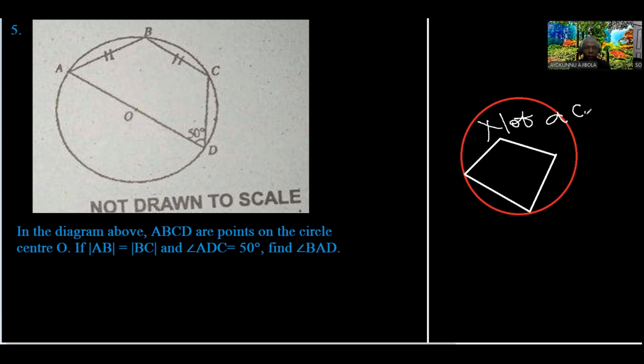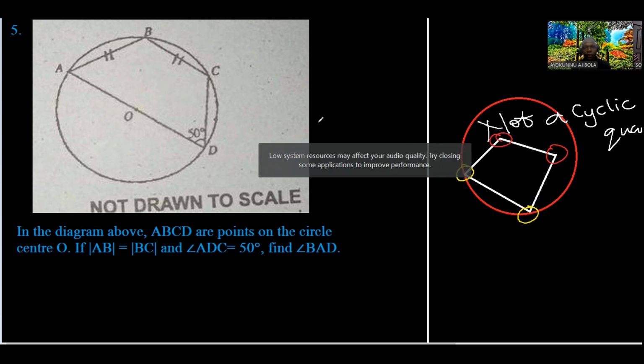Not a cyclic quadrilateral. And why? This is because not all the sides of the quadrilateral are touching the circumference. Only two sides are touching the circumference, but these two other sides are not touching.